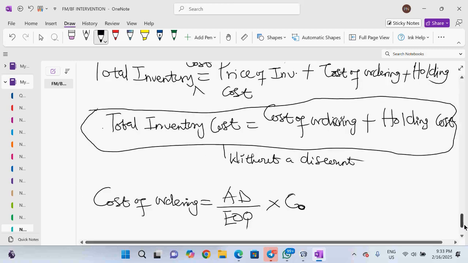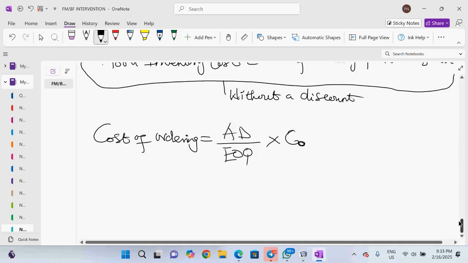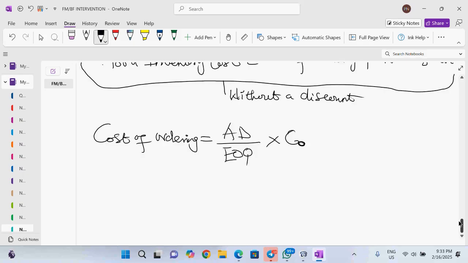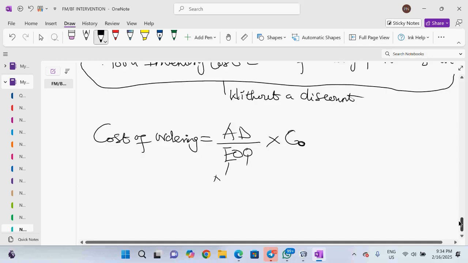That is the ordering cost. If you want to know the total, it is the annual demand over the EOQ times the cost per order, because you multiply the number of orders by the cost of one order. So this gives us the number of orders.